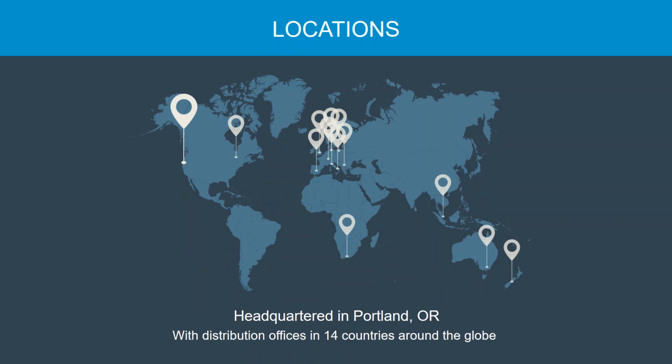The reason we have offices and operations all around the world is because our clients aren't just US based. We're headquartered in Portland, Oregon, but a lot of companies nowadays are doing business all across the globe, and sometimes they need a little more assistance. We're there to support you no matter where you are doing your business. Jet Reports is there to help.